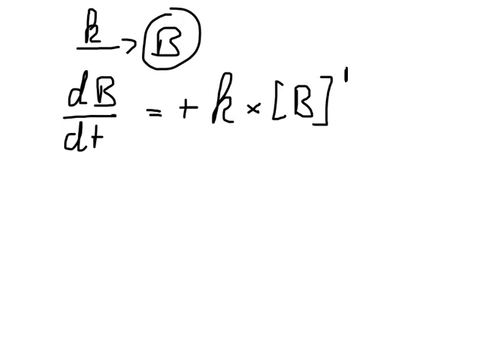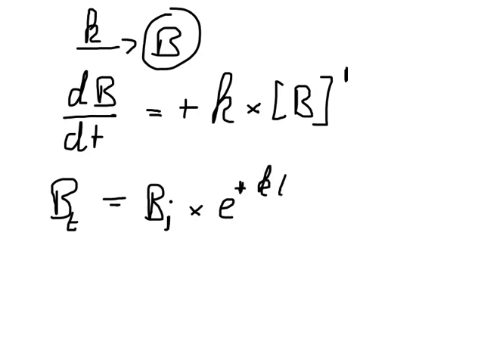So we can say B at the time point t equals our starting concentration, B initial, times e to the power of, and now here it comes, it is not a consumption, it is a production, so it would be plus k times t.